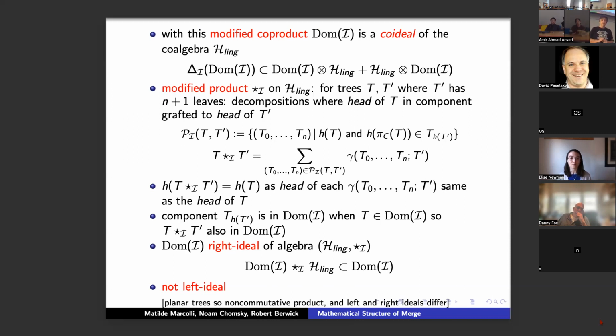But for example, the fact that you have planarized the trees before applying merge is making your product structure very asymmetric, and so this domain checking is giving you something that's compatible with the product on one side, but not on the other side. Mathematically speaking, this is the difference between right ideals and left ideals, where you have an algebra that's not commutative. You find that you have a nice algebraic structure on one side, but not on the other side, which is much less nice.